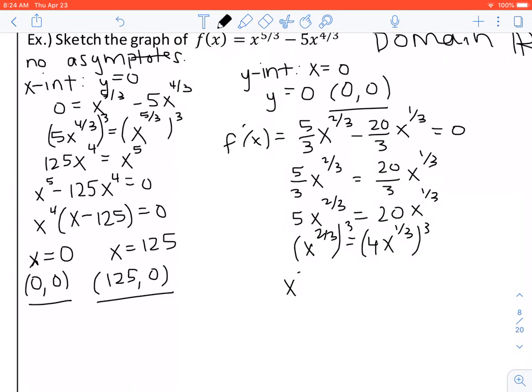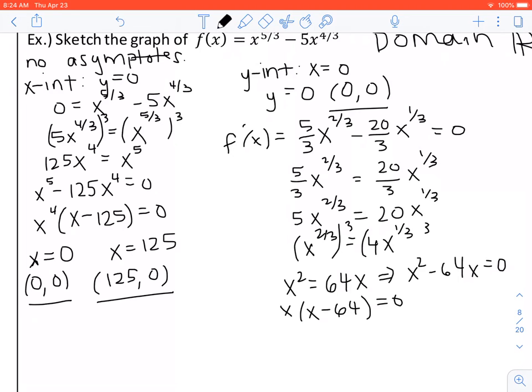And so we have x squared equals 4 to the third, which is 64, x to the first, and then moving everything to one side, we have x squared minus 64x, and we can factor out an x. We have x times x minus 64 equals 0.